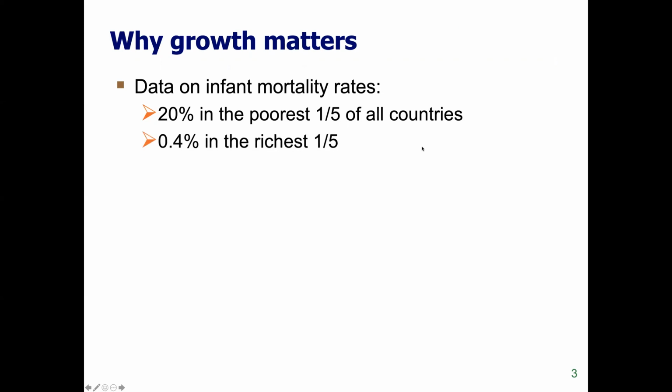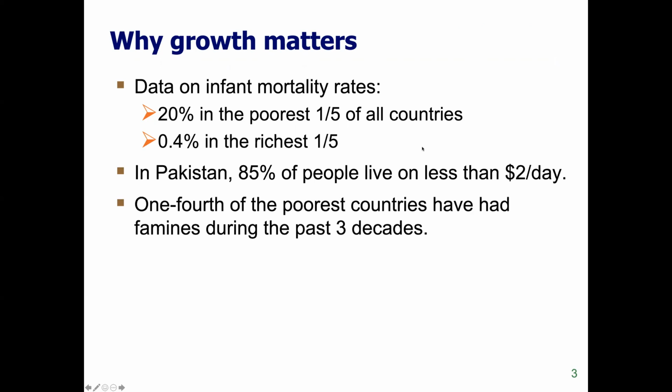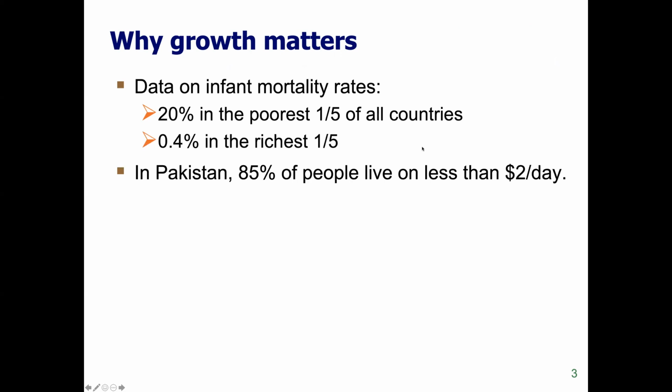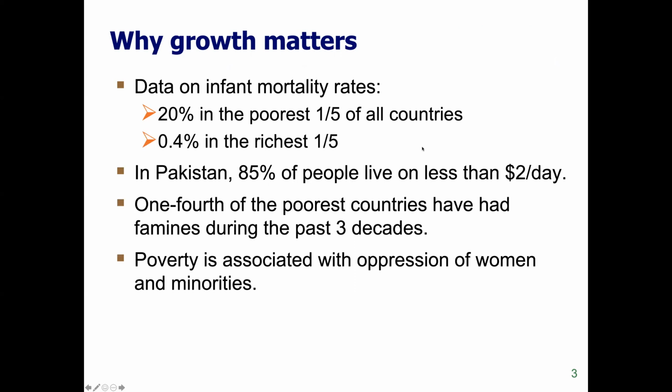But in the richest fifth of countries, it's only 0.4%. In Pakistan, 85% of people live on less than $2 a day. So you might think money isn't everything, but that's not easy to have a life living on less than $2 a day.